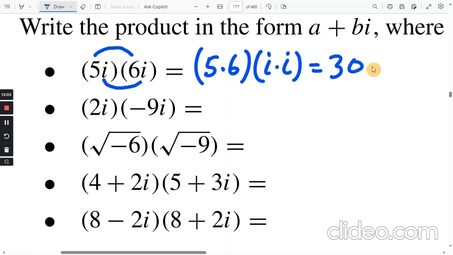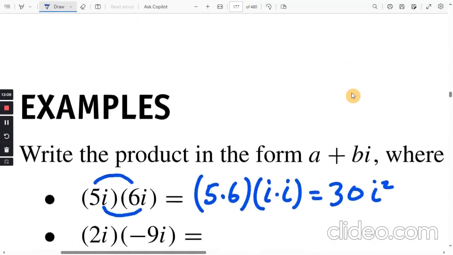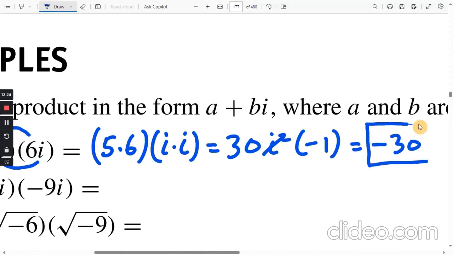I times I is I squared. But we said a minute ago that I squared is negative 1. So if you see the I squared, you can make it negative 1. And 30 times negative 1 is just negative 30. So if you get I squared, just make it negative 1. You don't even need all these steps necessarily.